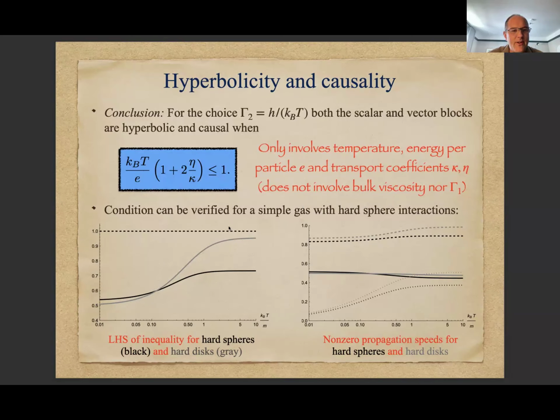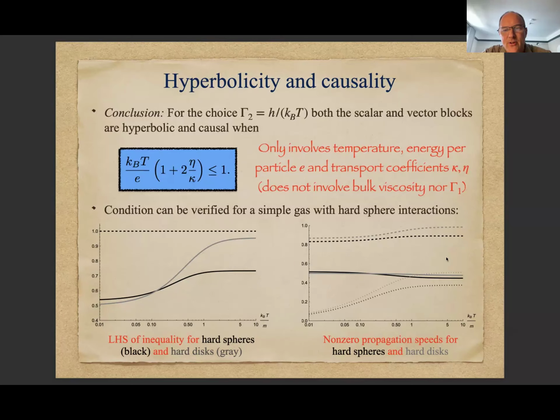The gray line is for the equivalent two-dimensional problem, but we are working in 3 dimensions. And you see this stays away from 1, so this is satisfied for all temperatures. You can compute the asymptotics for T going to 0 and T going to infinity analytically, and you will see that they converge to values which are strictly smaller than 1, so you're safe.